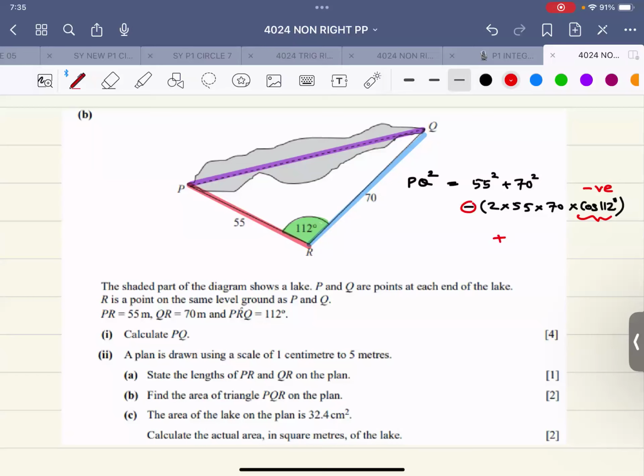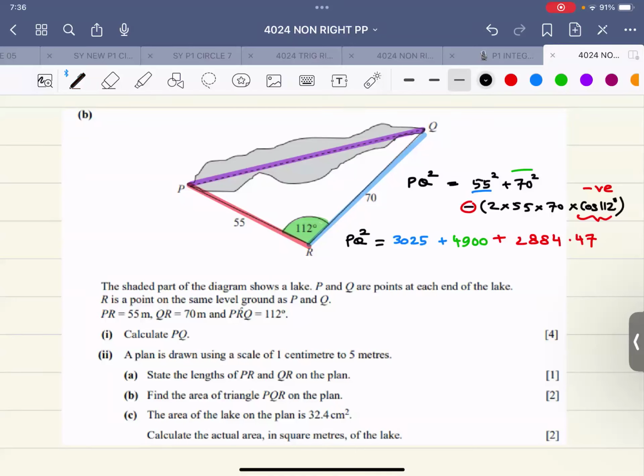So this value multiplying with 2, with 55, with 70, comes out to be 2884.47. Now, what about 55 square? That is 3025. What is 70 square? That is 4900. And all this will add up to PQ square.